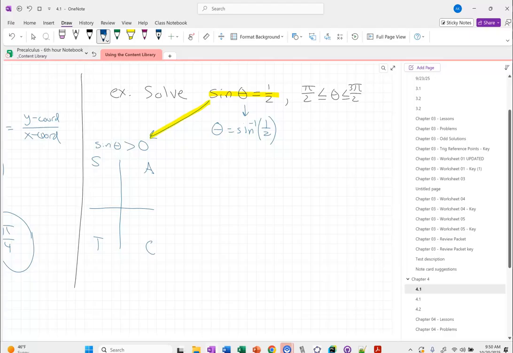Remember the capital letters tell you what trig functions are positive in that quadrant. A for all, so sine is positive in quadrant 1. S for sine, so sine is positive in quadrant 2 also. Everybody's okay there?